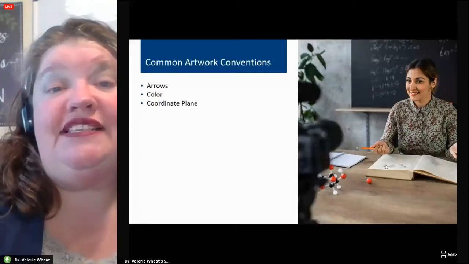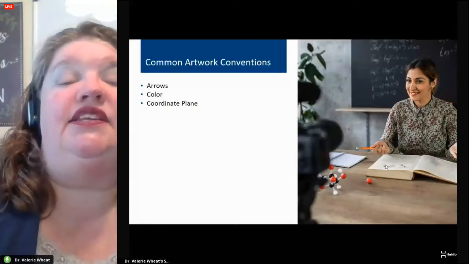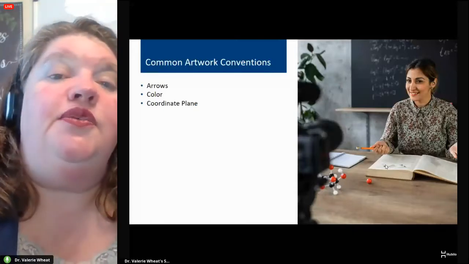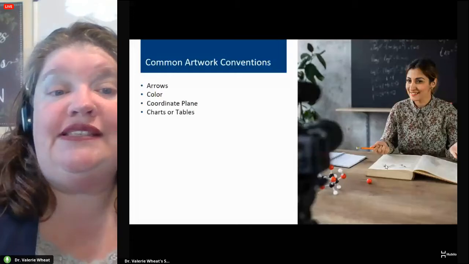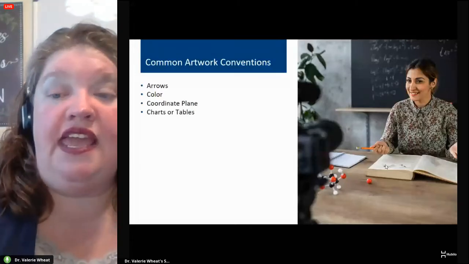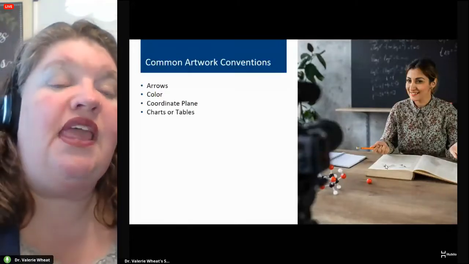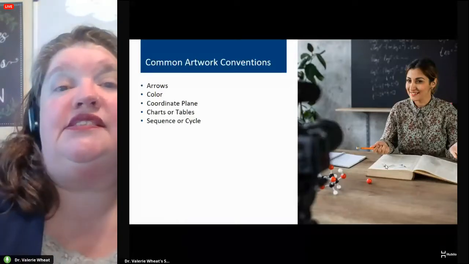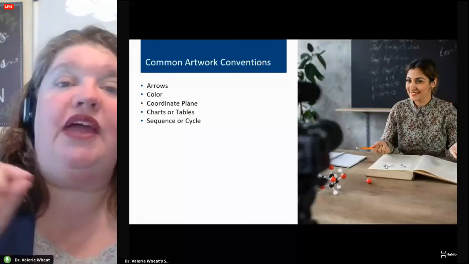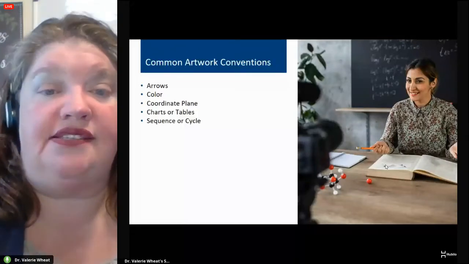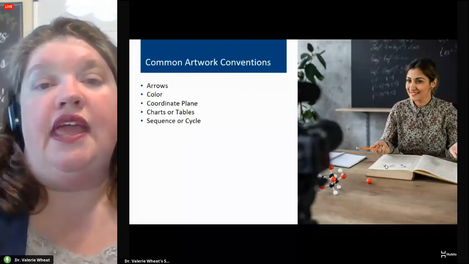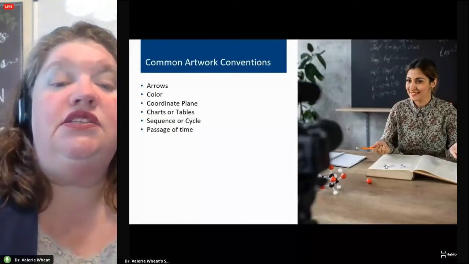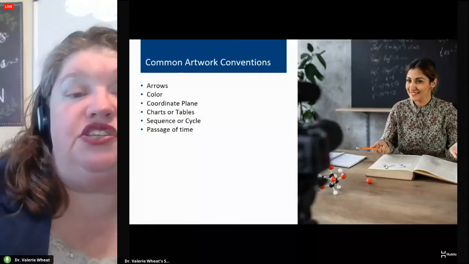Information can be presented on a coordinate plane, so with an X and Y axis. Publishers can sometimes use charts and tables to convey information to students. And then sometimes things can be shown as a sequence of events or even a cycle in a circular pattern to show a repeating cycle. And then, of course, we can also try to set up visual conventions to show students the passage of time.